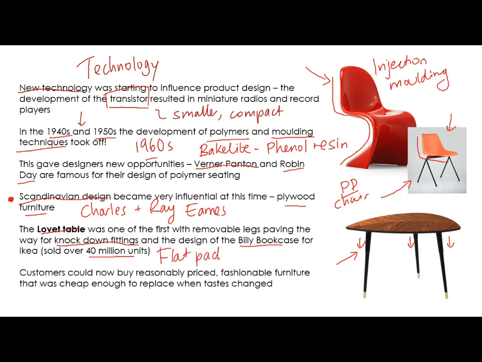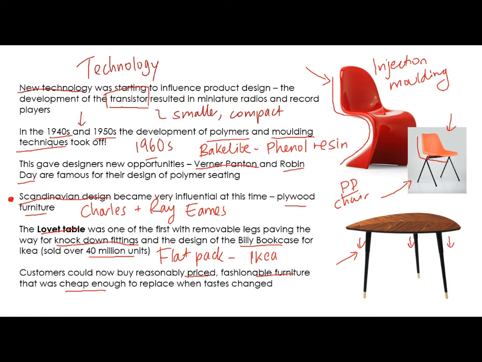So this was when IKEA really became big, and the idea that you could buy relatively reasonably priced, quite fashionable furniture that you could build yourself, but it was cheap enough to replace when fashions changed.